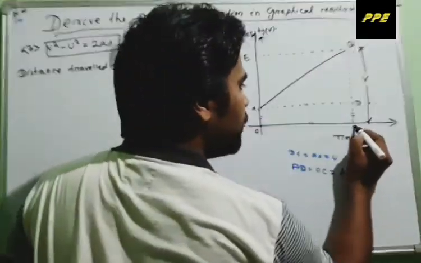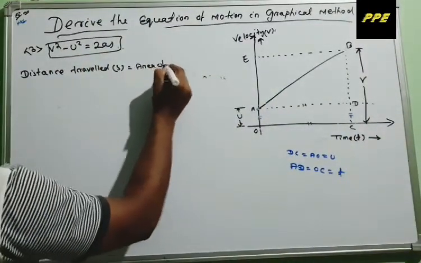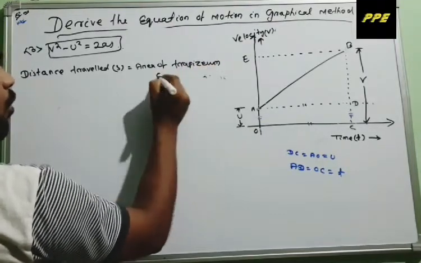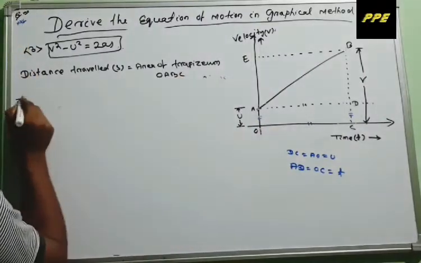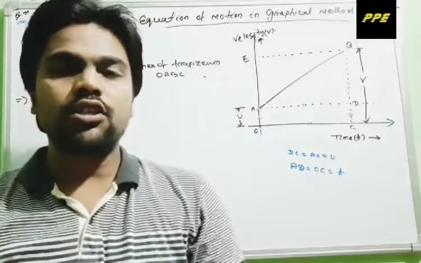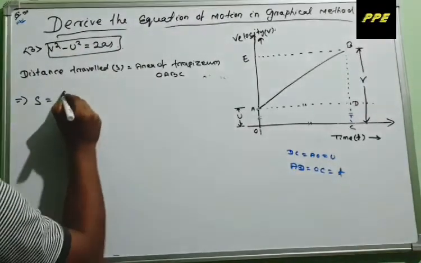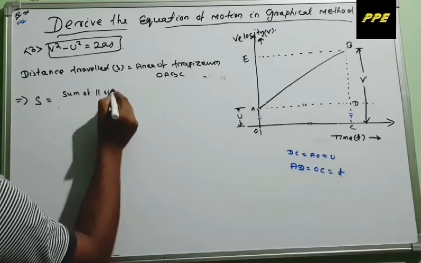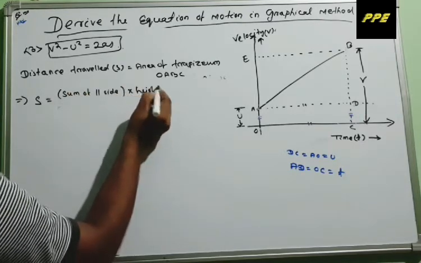This OABC is a trapezium. So I can write area of trapezium OABC. That means distance travel is S. What is the area of trapezium? It is the sum of parallel sides into height divided by 2.